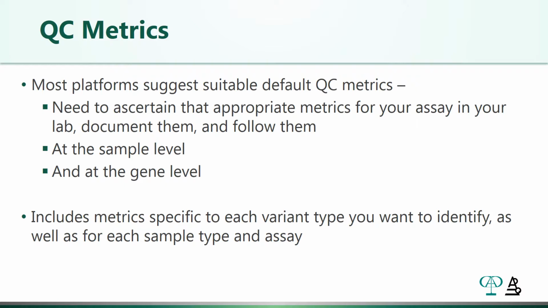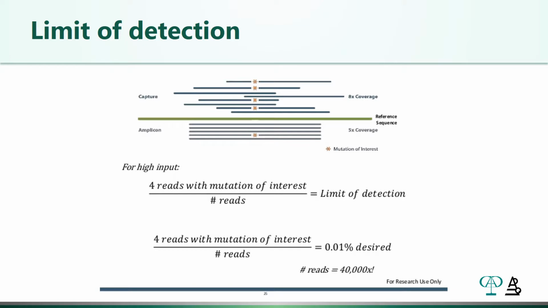So you need to ascertain them, you need to document them, and then you need to use them at the sample level and at the gene level and even at the nucleotide level. So you want to make sure that you have metrics that are specific to every kind of variant that you want to identify and for each sample type that you're going to use, and then again, of course, for each assay that you run.